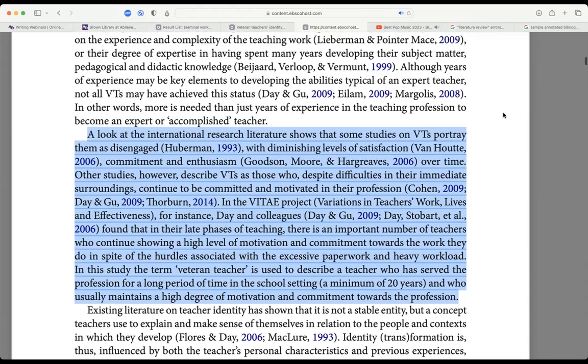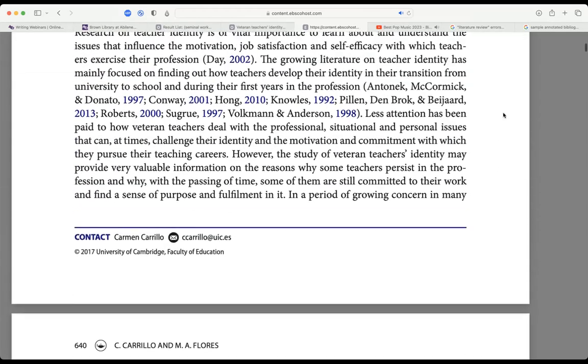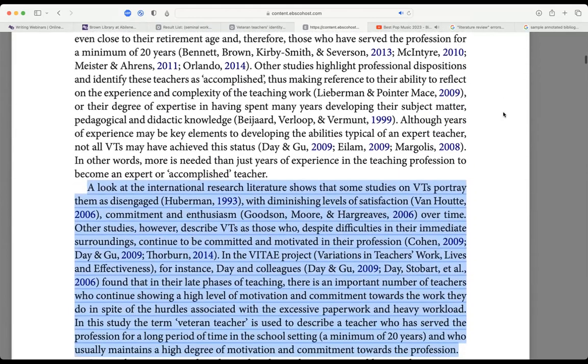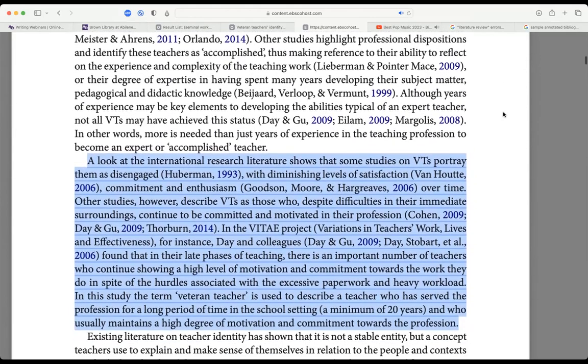Now, let's back up and look at VT, veteran teacher. So ordinarily, something here might be problematic. Tell me if you see what might be an issue in that first sentence. You note that the studies show their dates, 1993 and 2006.